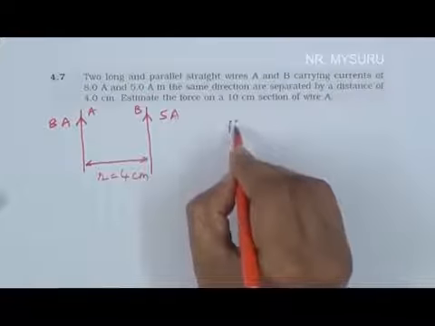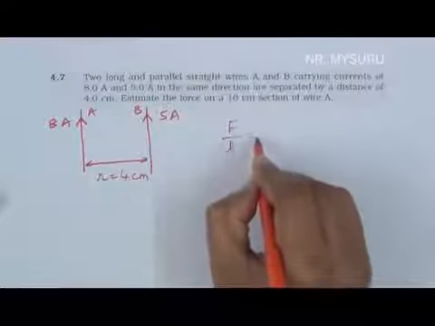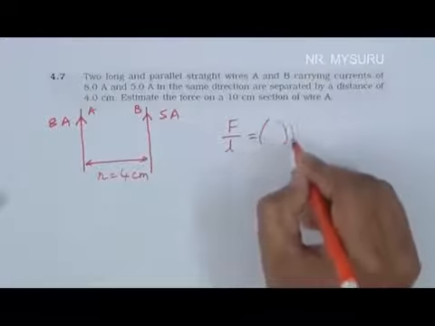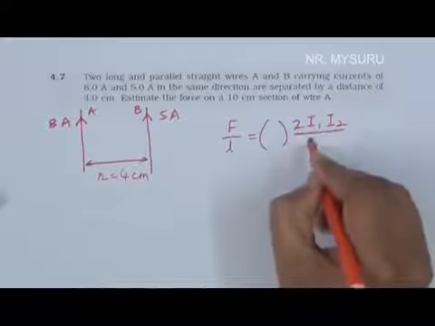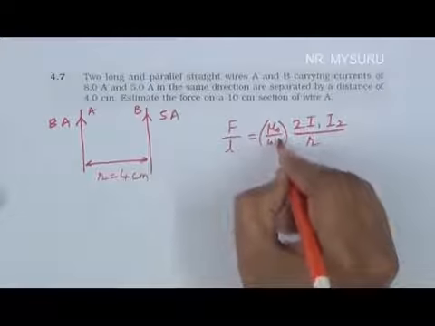So force per unit length between two straight parallel conductors carrying currents is given by constant 2 I1 I2 by R. This constant is mu naught by 4 pi.